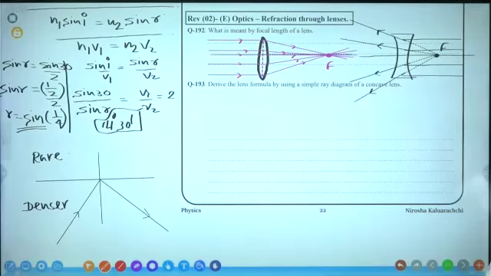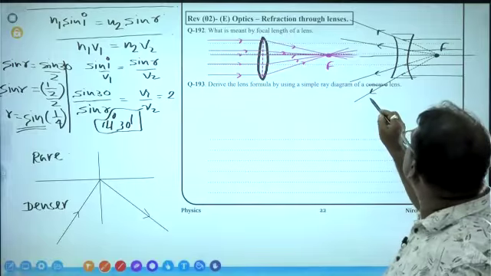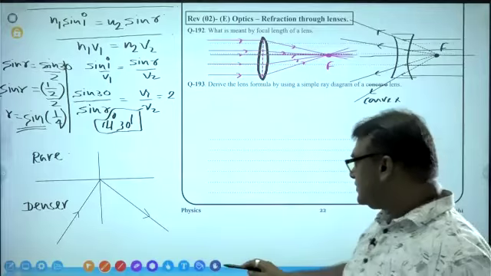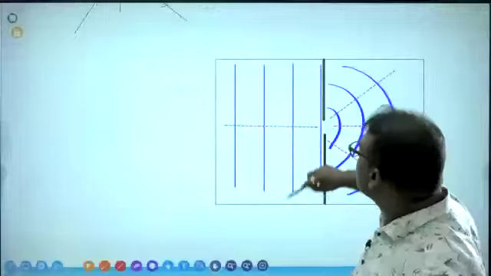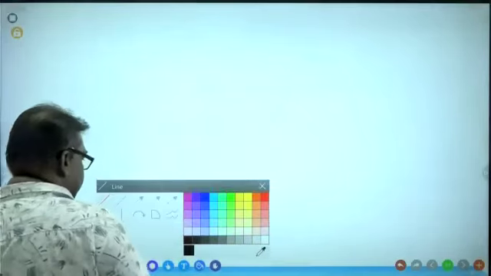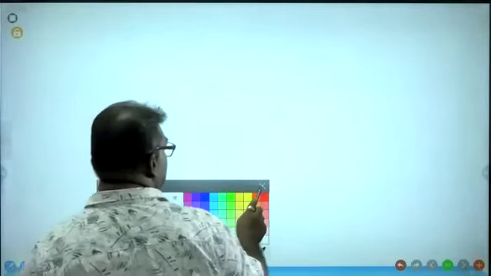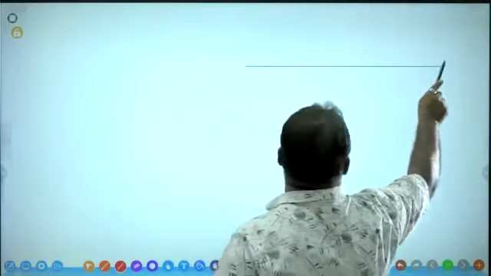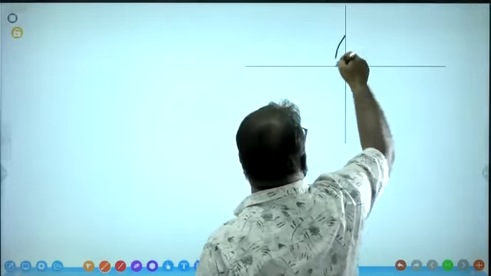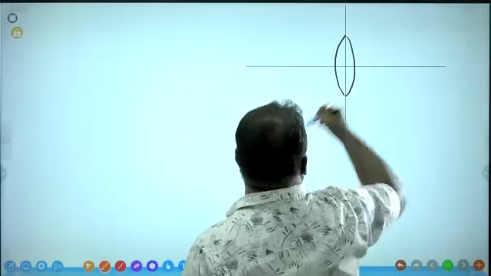Okay, 193. Derive the lens formula by using a simple ray diagram of a convex lens. In the syllabus, we have to demonstrate the lens formula using a convex lens. For the derivation, we use the principal axis and the plane of the lens.